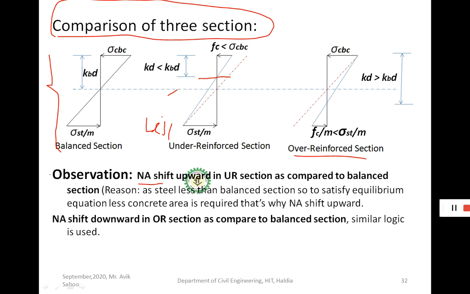So you must understand that. In the limit state method also, we use such concepts. So in the over-reinforced section, the neutral axis shifts downward, whereas in the under-reinforced section, the neutral axis shifts upward. To equilibrate or balance the forces, you need a lesser area in one case and a larger concrete area in the other.